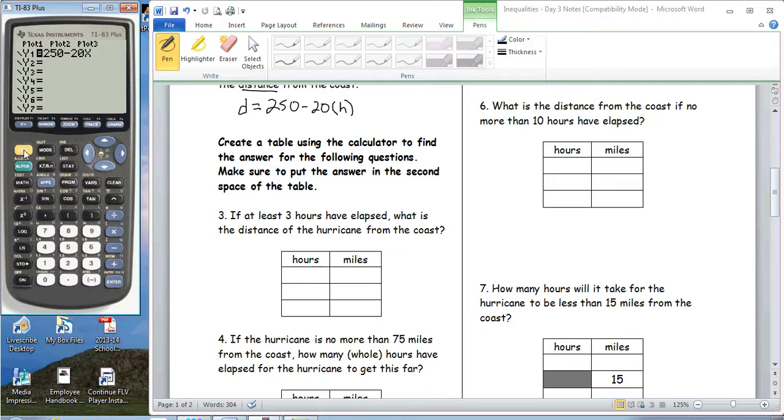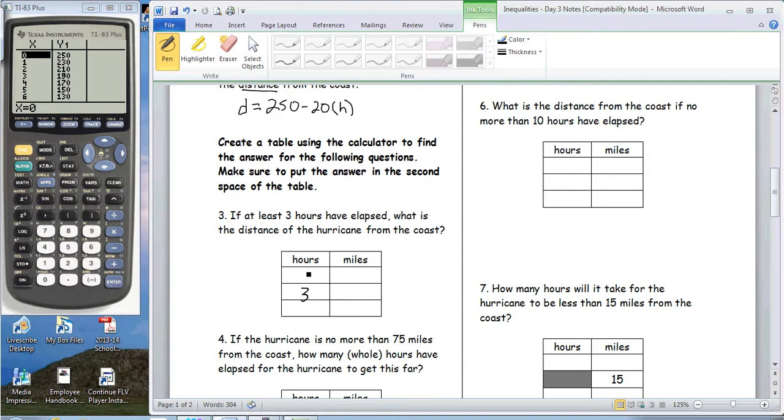I need to hit the second button and then graph. So I'm looking for the point where the table is going to show 3, 2, and 4. So at 2 hours, it's 210. 3 hours, it's 190. 4 hours, it's 170.